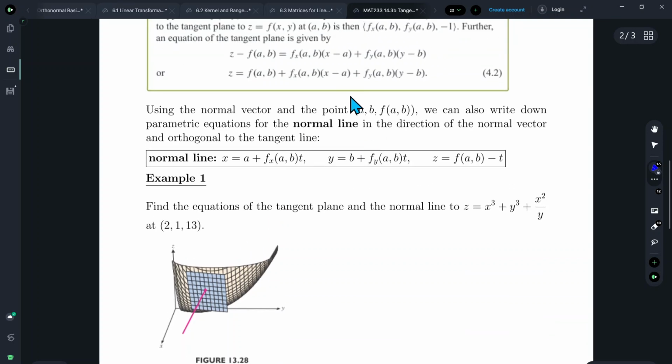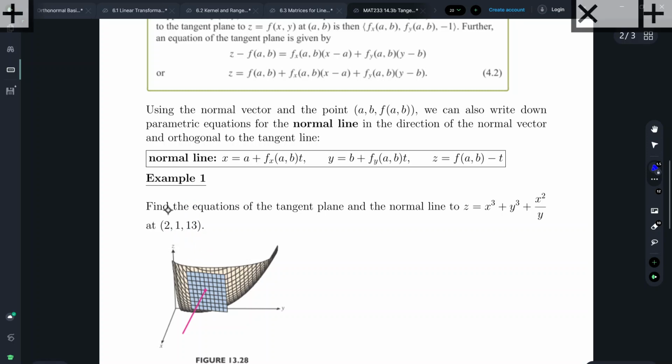Okay, so now we want to take this information here and take a look at example 1, where we're asked to write down the equations of the tangent plane and normal line to this function at this specific point. So the first thing you should notice in this example is, this is the given point, right?